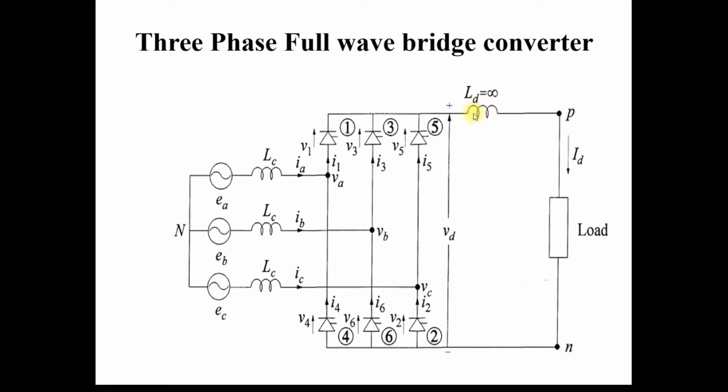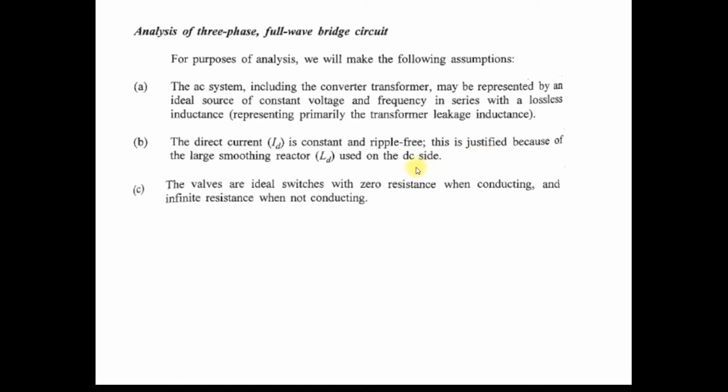Clear? So here we assume that this inductance value is very high, ideally infinite. So you do not get any ripple in the current waveform. You get constant DC. So this is the second assumption: the inductance LD is infinite or sufficient to make ID, the direct current, constant and ripple free.